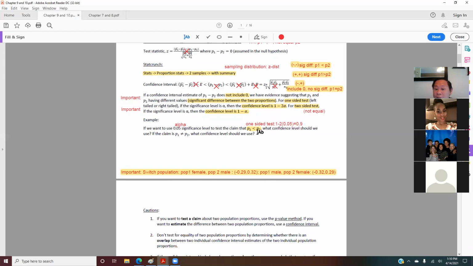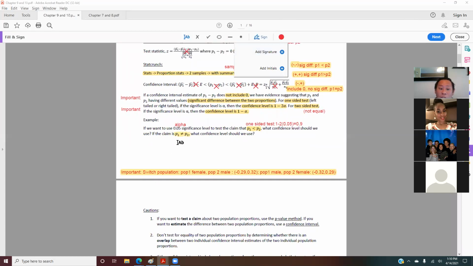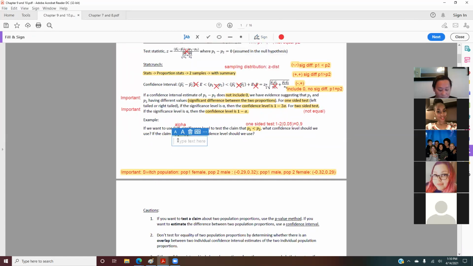So this is how you figure out your confidence level in this case. But for the second one, we are given P1 not equal to P2. So is this a one-sided or two-sided test for this question? Two-sided. This will be two-sided.